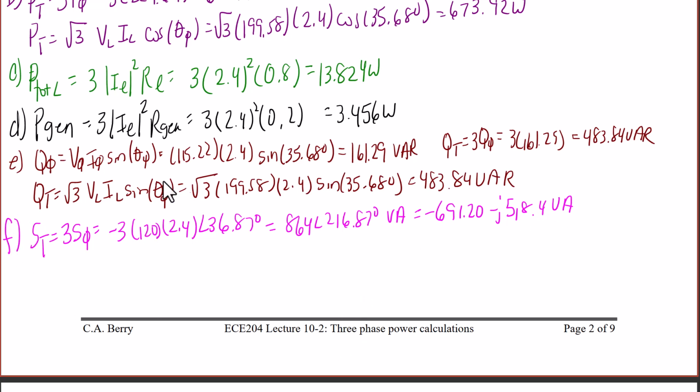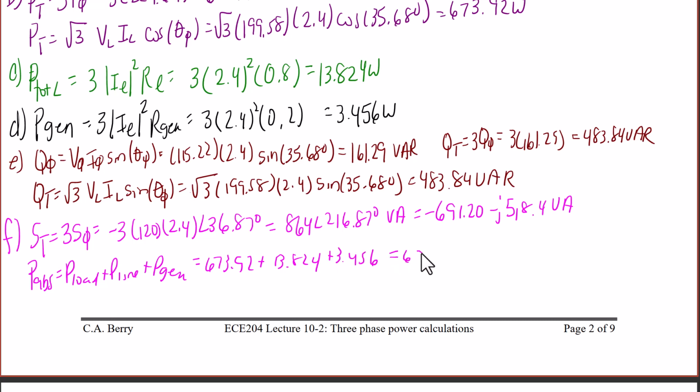Total absorbed power can be found from the following. P absorbed is equal to P load plus P line plus P gen, which equals 673.92 plus 13.824 plus 3.456, which gives a total average power loss of 691.2 watts. And you should notice that this and this align.